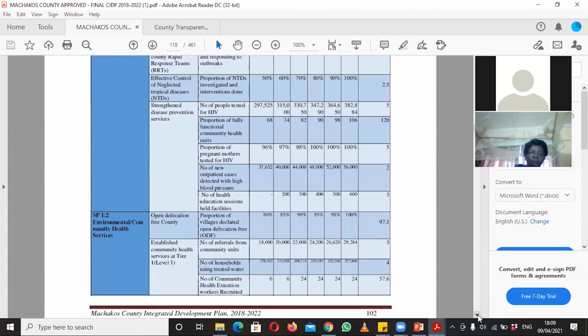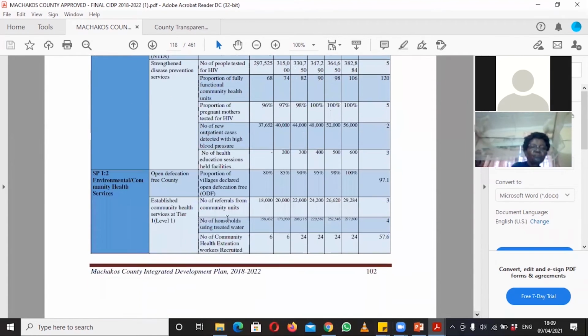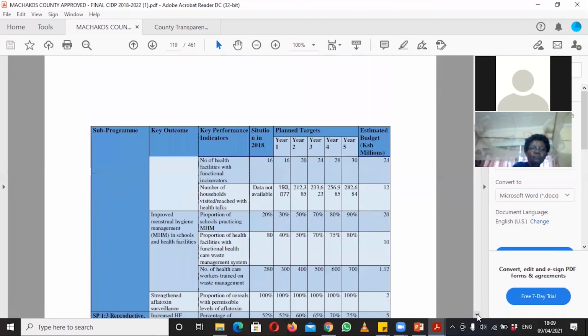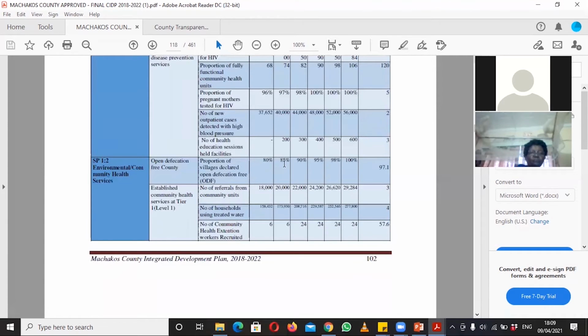Then there is the second sub-program on environmental and community health services, dealing with sanitation, open defecation, and also the establishment of community health services.